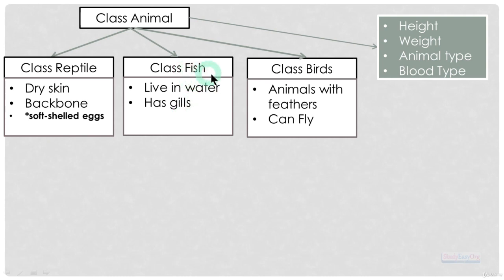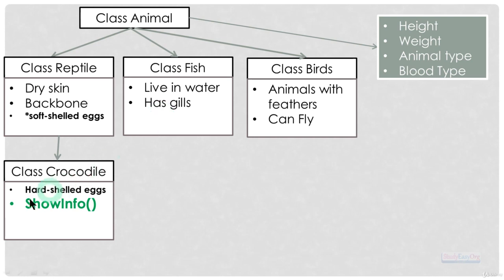Whereas fish live in water and they have gills. And birds definitely have feathers and they can fly. Then we will also have yet another subclass set, for example the crocodile class, where we have hard-shelled eggs, so this is an exception.